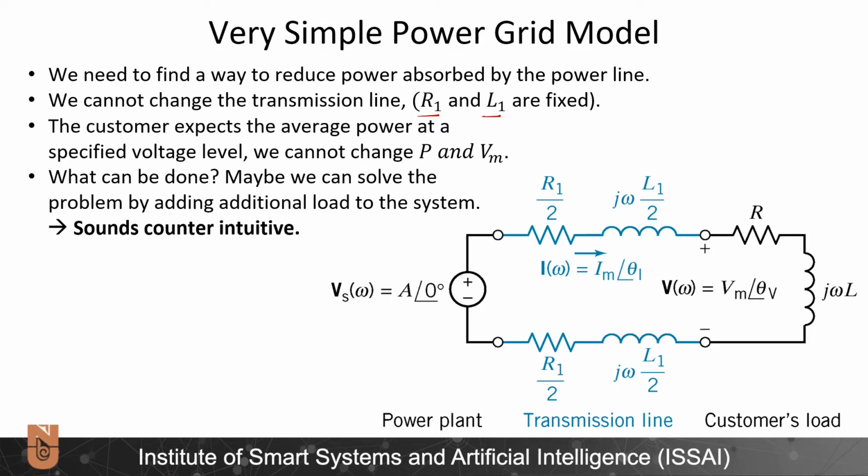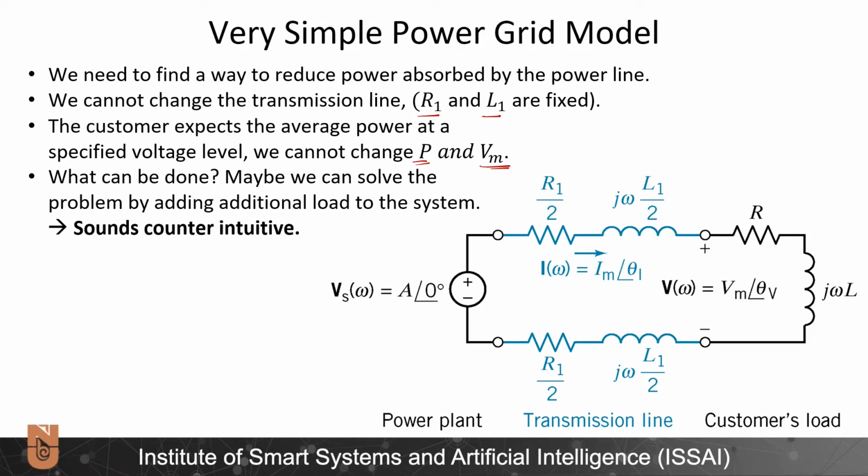And the customer expects the average power at a specific voltage level, such that they can run an appliance designed for those specific ratings. So we cannot change the amount of power consumed by the customer and the voltage.